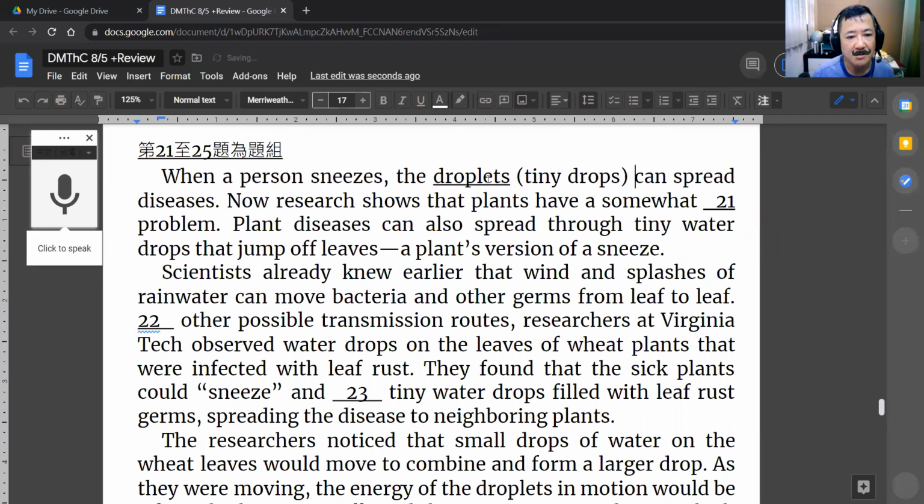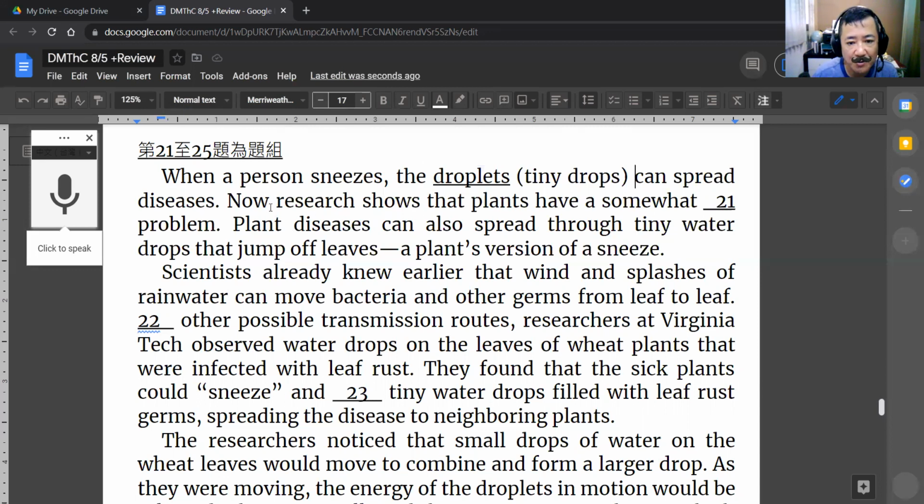So when a person sneezes, the tiny droplets can spread diseases.